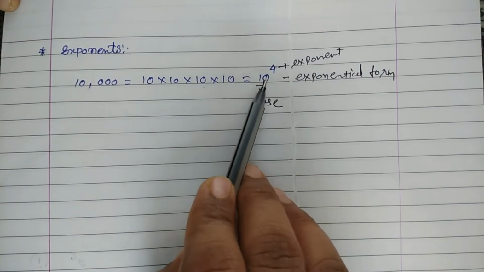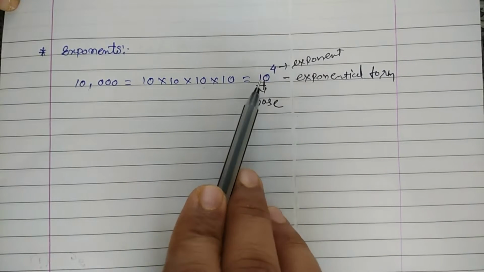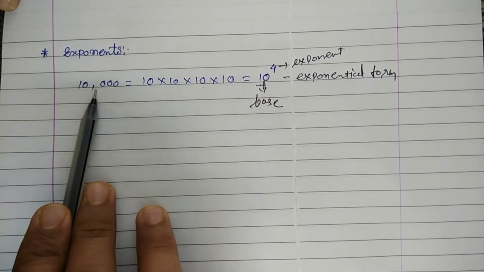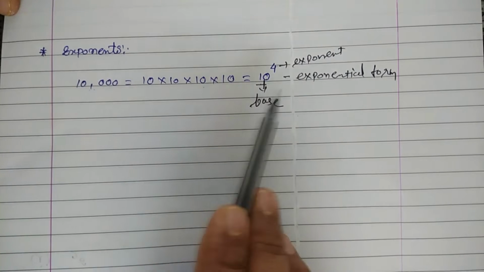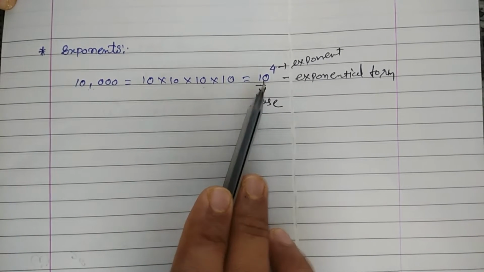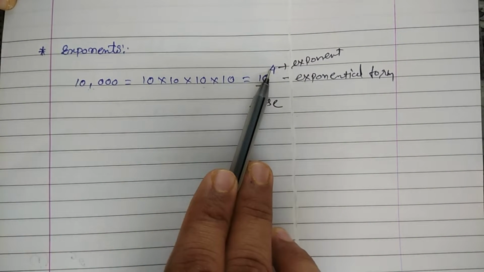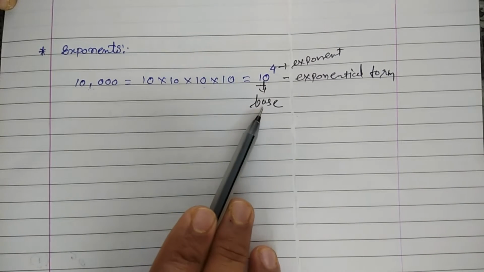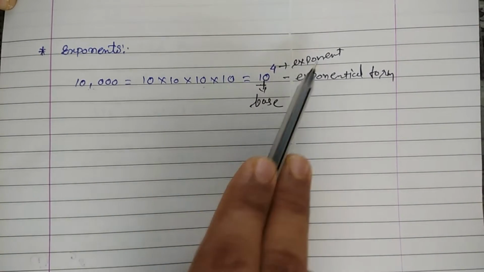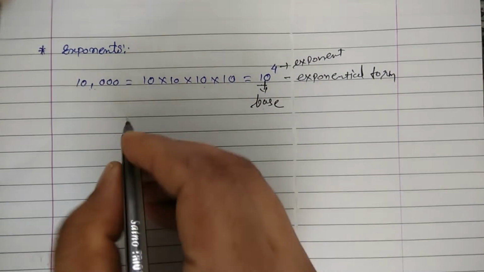Again, this 10 raised to the power 4 is called the exponential form for 10,000, and in this exponential form 10 raised to the power 4, 10 is the base and 4 is the exponent.